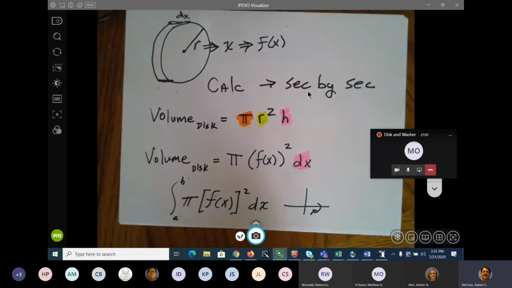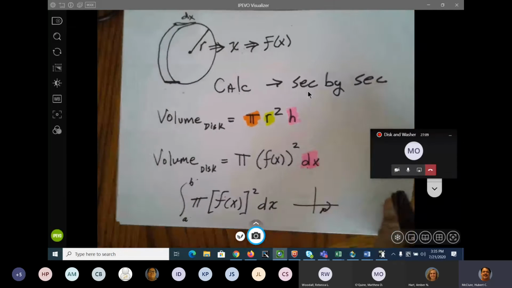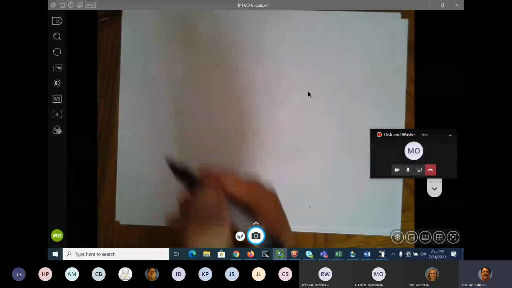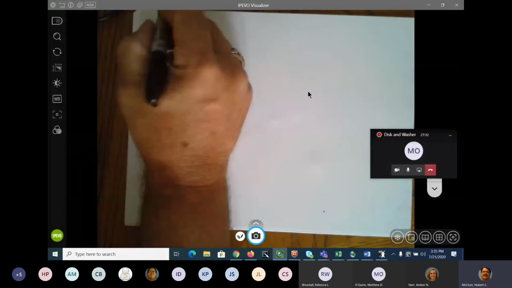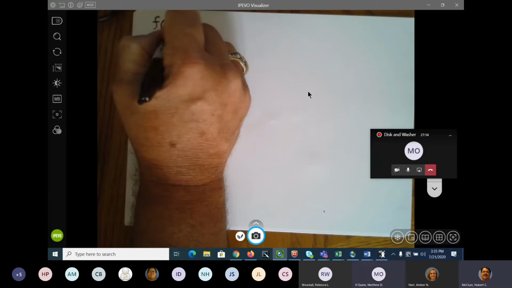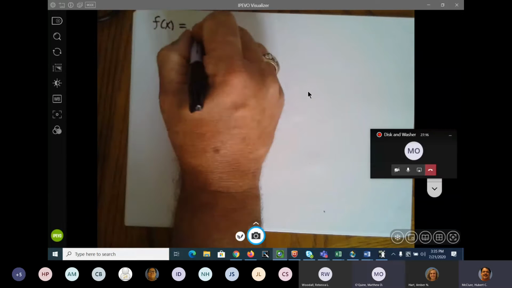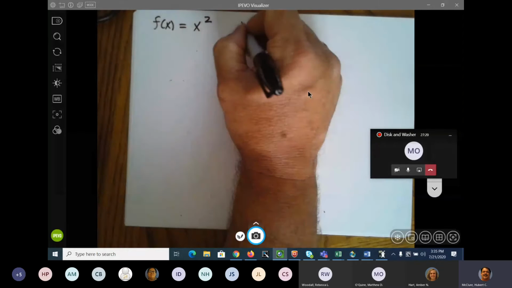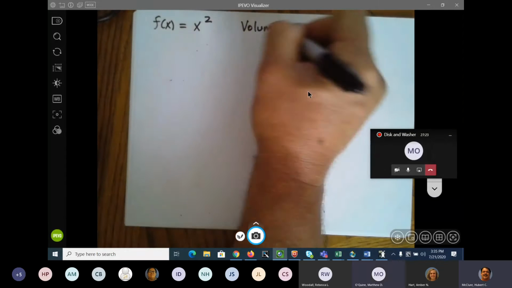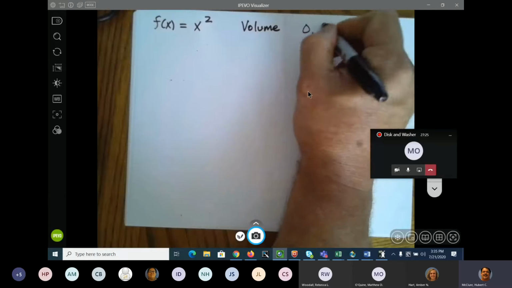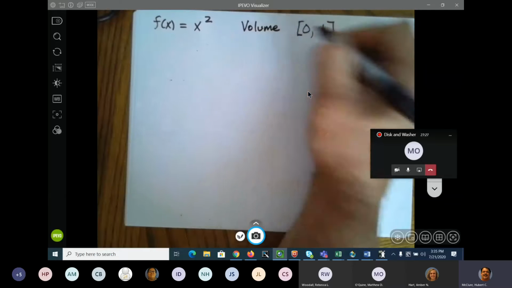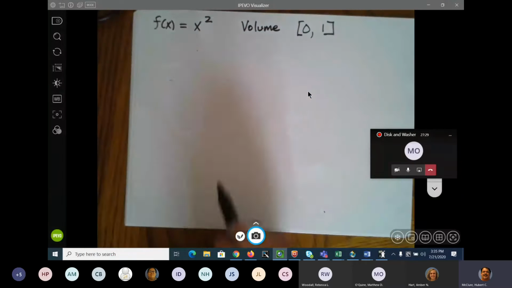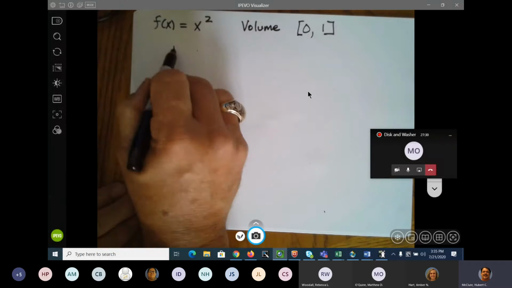So if I gave you x squared from 0 to 1, f of x is equal to x squared, and I want to find the volume from 0 to 1, then the first thing I'm going to do is draw it.